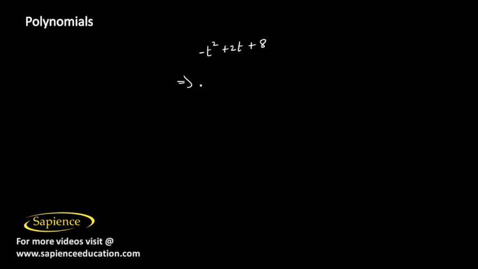We can split the middle term, so minus t square plus 4t minus 2t plus 8. From the first two terms we can take t common outside, so t into minus t plus 4, and from the other two terms I will take only 2 common outside, so plus 2 into minus t plus 4.